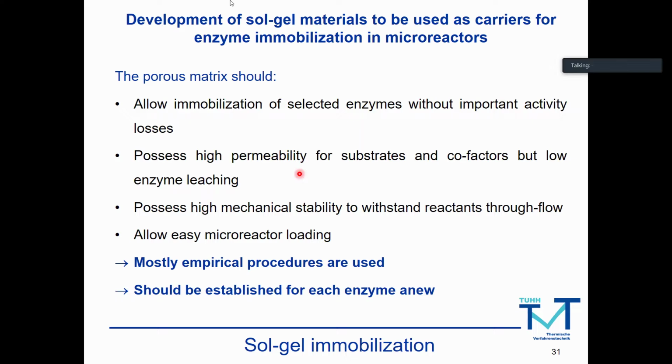Otherwise, the reactants cannot diffuse to the enzyme, and products cannot diffuse from it. It should certainly be mechanically stable, because you're going to use a flowing system. You will nevertheless apply some pressure drop to the microreactor, so it should have some mechanical integrity.